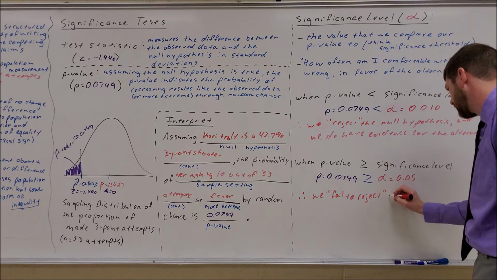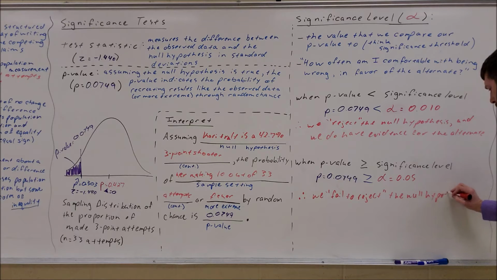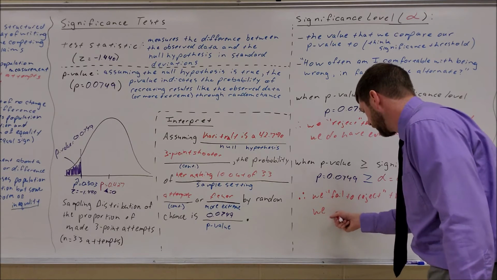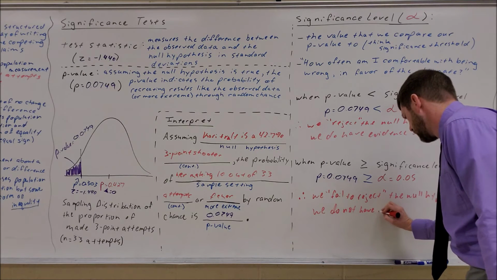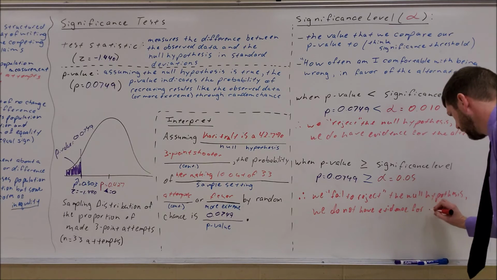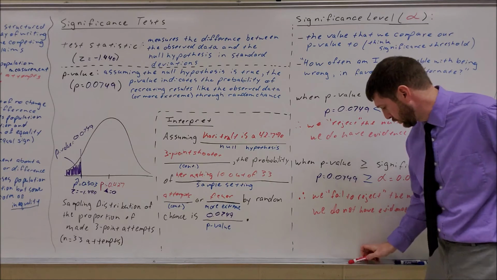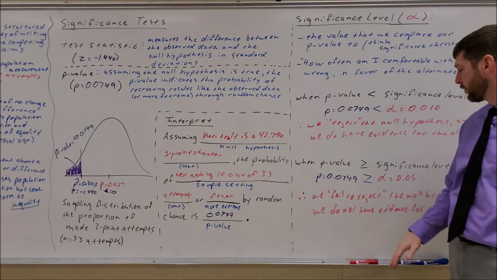Fail to reject the null, which means we do not have evidence for the alternate, because the evidence isn't saying that she's actually worse than 42%.